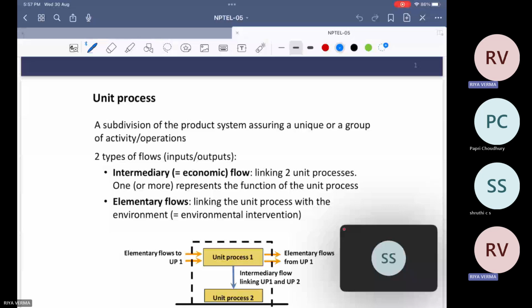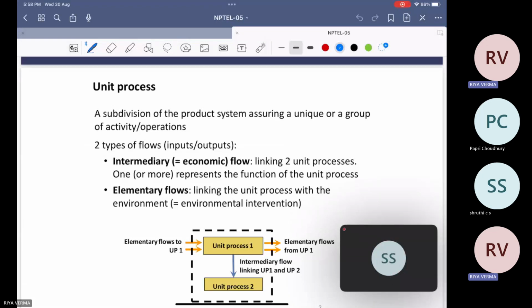After that, it may undergo shredding or some other process. So shredding is your unit process too. So these are different unit processes, and we are understanding the types of flows that are used to link those two or more unit processes.